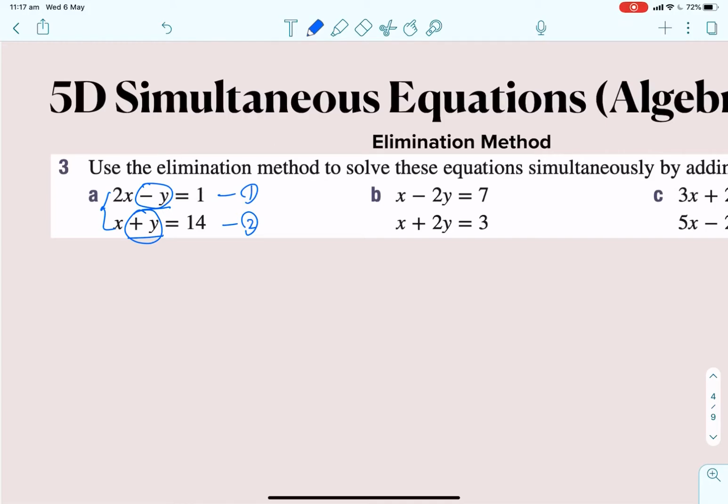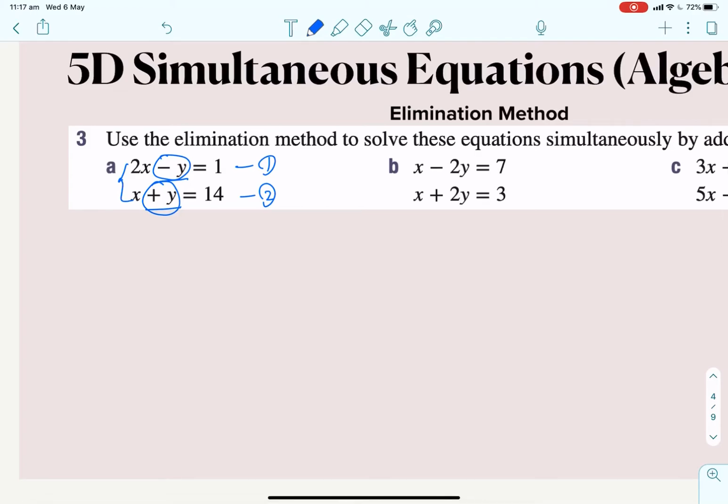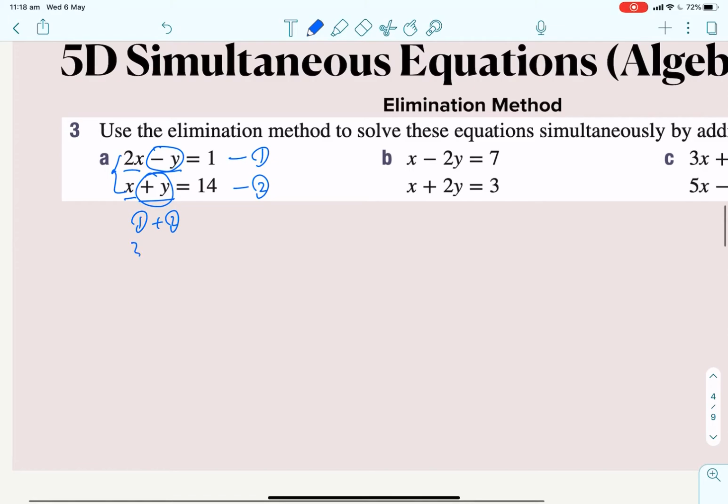Okay, I'll give you an example of minusing later, but let's do plus first, because one positive, one negative, if they add together, becomes 0. Okay, so we 1 plus 2, we add them together. So 2x plus x, they line up already, so it's easy to do. 2x plus x is 3x.